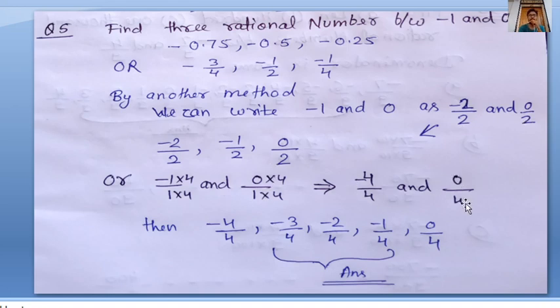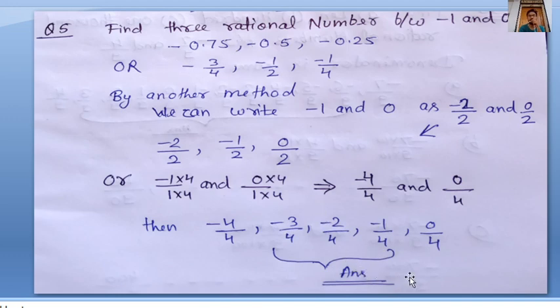Now, you see what numbers can lie in between. After minus 4 what comes here? Minus 3. When you move from here to here, it means minus 1, minus 2, minus 3. How many numbers are here? 3. If there are 3 numbers, this is our requirement.